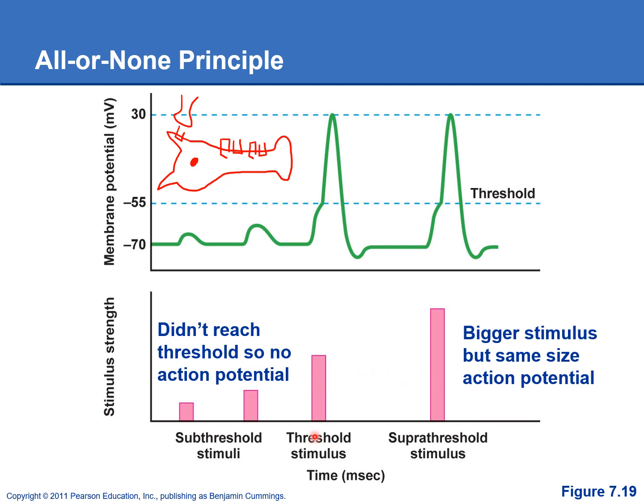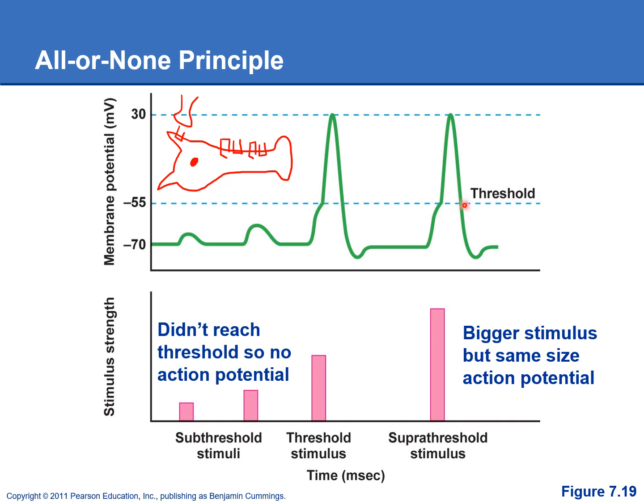Let's say the smaller one is someone pinching your arm, and the bigger stimulus is someone punching you. Notice that with the pinch and the punch, you get the same exact action potential size, even though the size of the stimulus is very different.